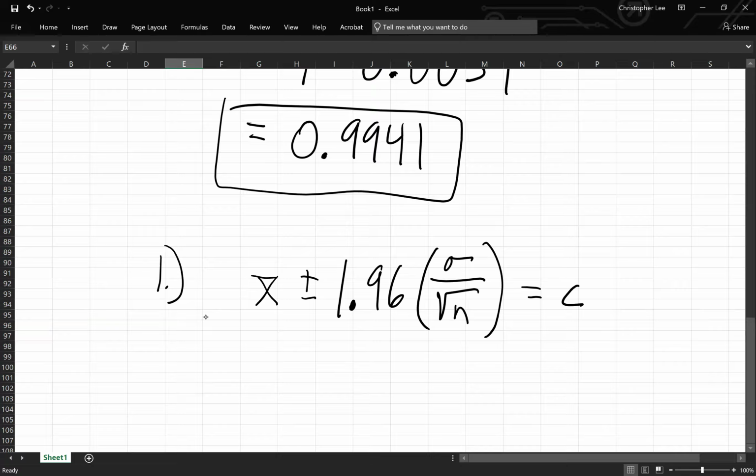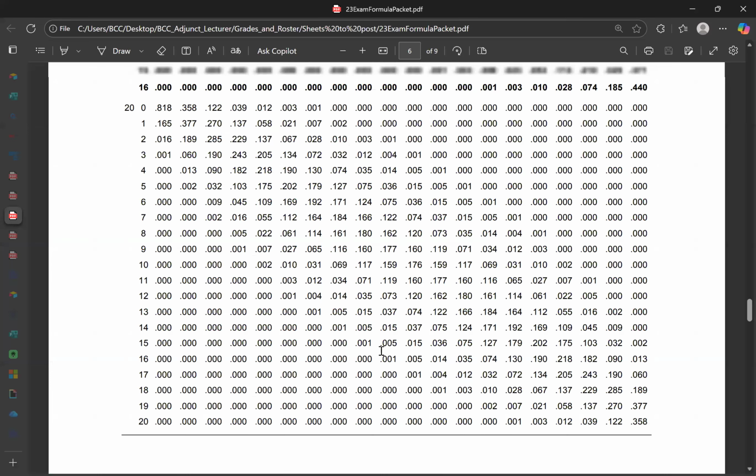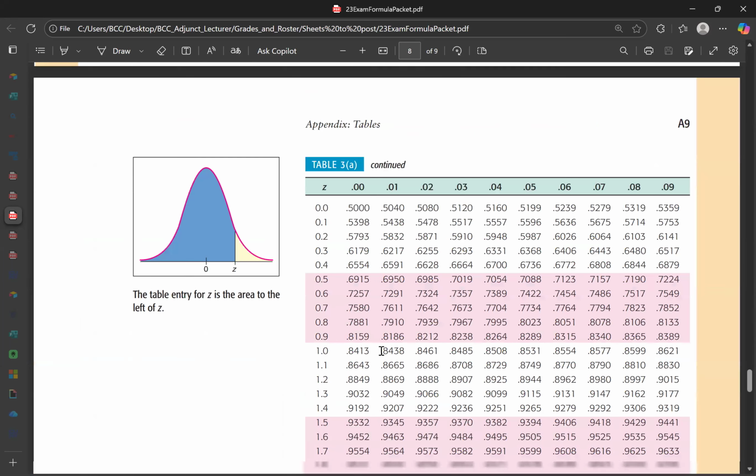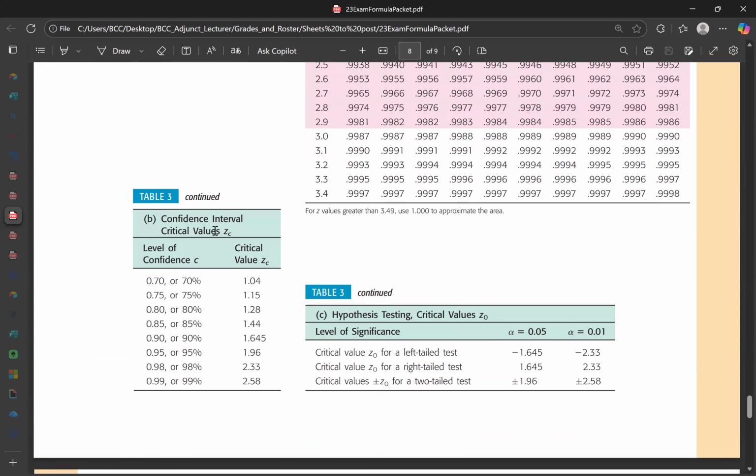The way you do this is you go straight to the formula sheet, I'm going to show you, and then go to where the normal distribution table is at the bottom. You have your confidence interval critical values here. This question gave you the critical value, 1.96, which is right here. So that's what they're asking for, 95%. So the answer for question 1 is 95% or 0.95, and that's it.